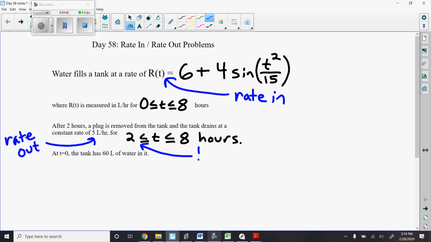Okay? So we have a rate in, water filling a tank. We have a rate out, water draining from the tank. Okay? The third thing that we have to pay attention to is our initial condition. It says at t equals 0, the tank has 60 liters of water in it. That would be our initial condition.